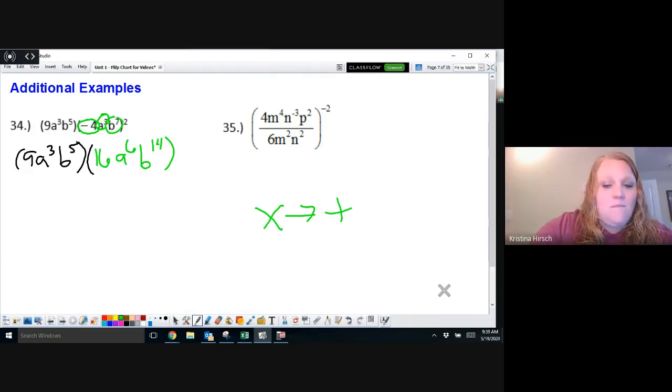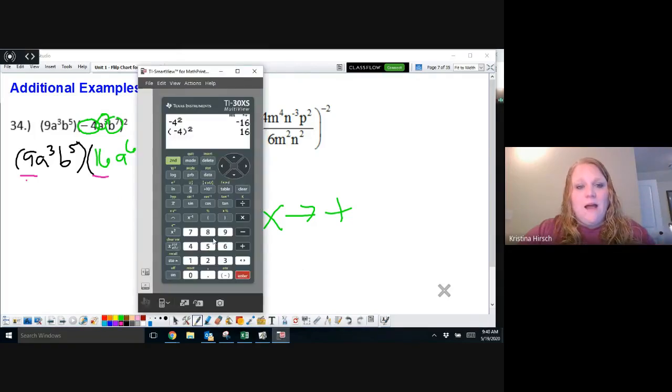However, be very, very careful. 9 and 16 are not exponents. 9 and 16 are normal numbers that we've been dealing with for like ever. So you do not add those. You legit multiply them. And 9 times 16, so I don't make an error, is 144.